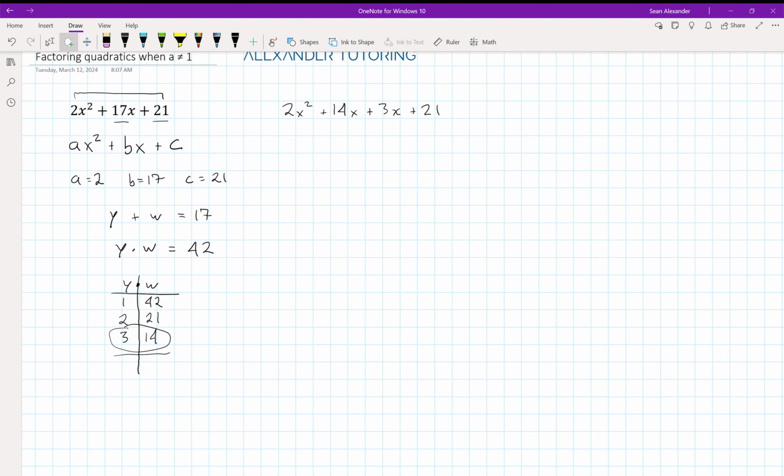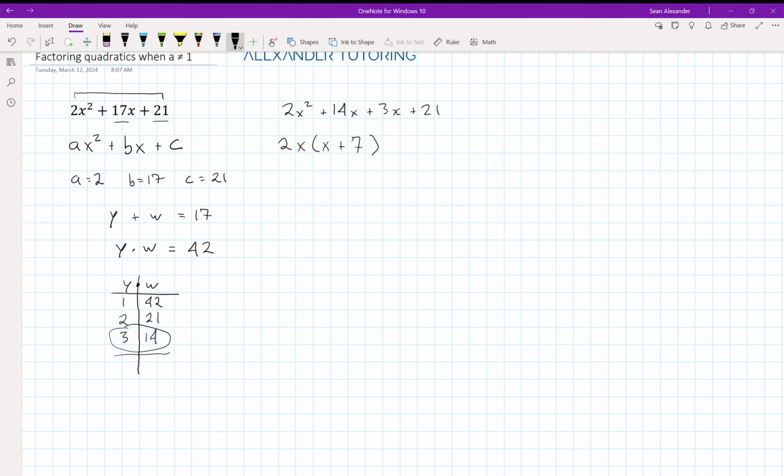The next step is a process called grouping. Grouping is when we look at just the first two terms. In this case, it would be the 2x squared plus 14x. And we're going to factor everything we can out of just those two terms. So what's common to both those terms? There's a 2 common, and there's an x common, leaving behind x plus 7. 2x times x is 2x squared, 2x times 7 is 14x.